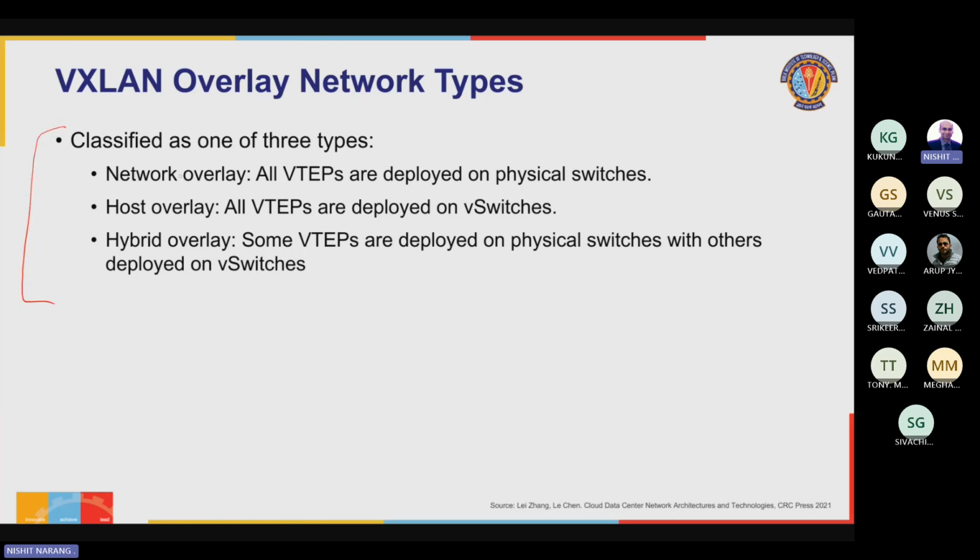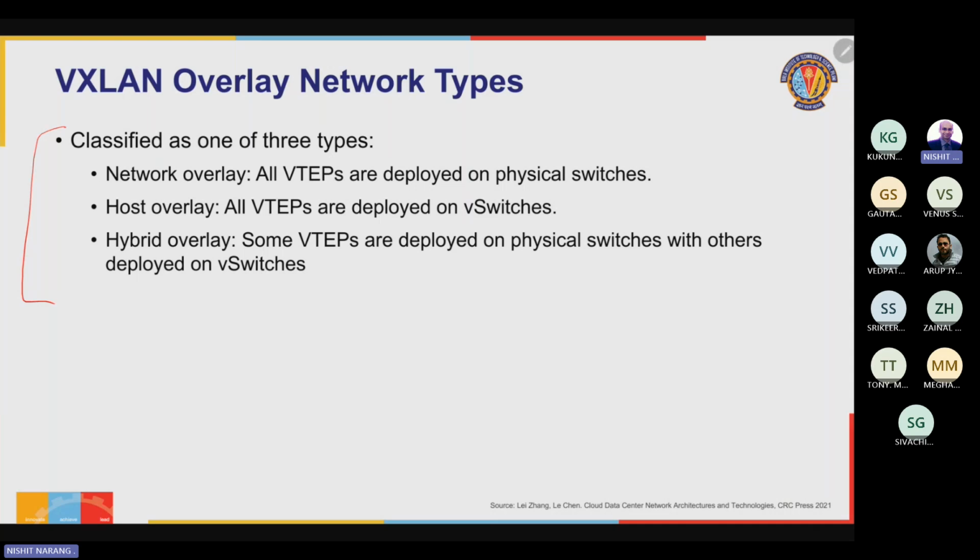But just from a completeness standpoint, I said VTEPs could be physical switches, VTEPs could be V switches. And in a cloud computing environment, there could be some VTEPs on physical switches and some VTEPs on V switches as well. This is just terminology followed in the specification.